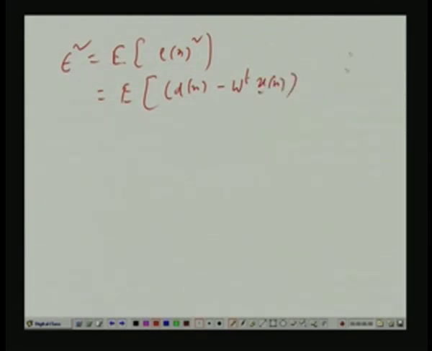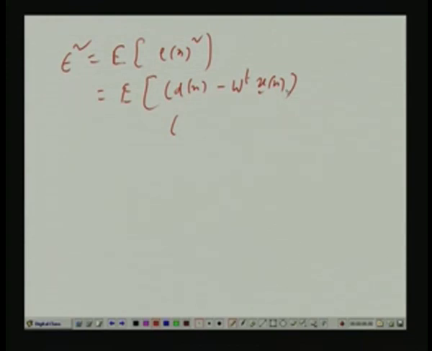This is the square of that, but instead of square I can always write this into this, that is a scalar number, say a square can be written as a into a. Further, any scalar number a and its transpose are the same. So, I write this as d n minus W transpose x n into its transpose, because both are scalar. So, transpose of a scalar is itself.